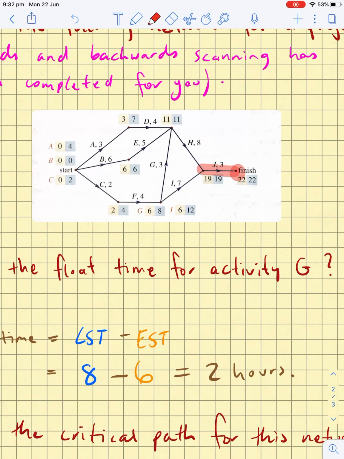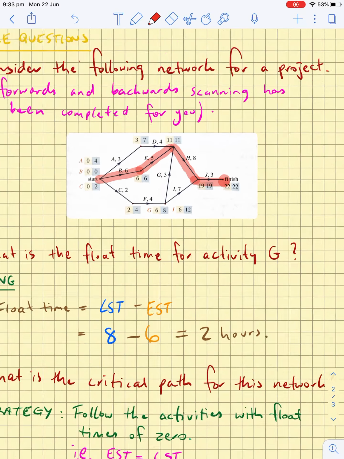Going backwards to 19, 19, that has no float time. We have to do that, so activity J is a priority. Next, going backwards, activity H is a priority because of its box 11, 11. Activity E is a priority because it's got the box 6, 6, no float time, and activity B is a priority. It's got 0, 0 as its EST and LST. So I've highlighted the critical path.